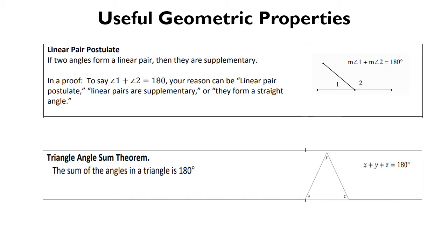Hindi naman lingid sa kaalaman natin that the sum inside the triangle is always 180 degrees. Remember this one. Be it isosceles, equilateral, scalene, the sum of the angles inside the triangle is always 180 degrees.